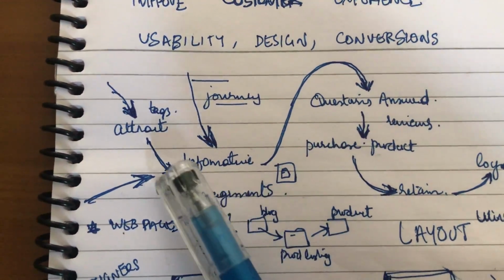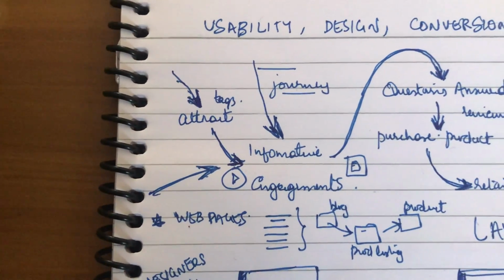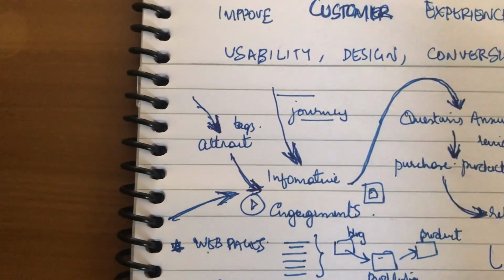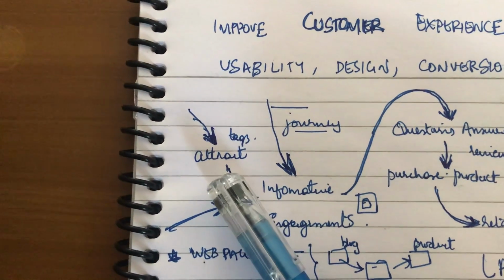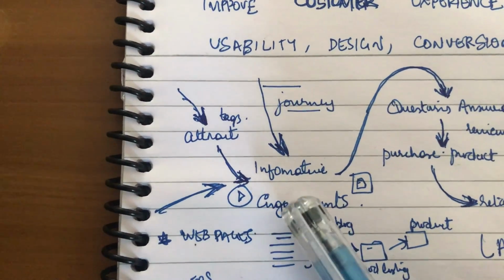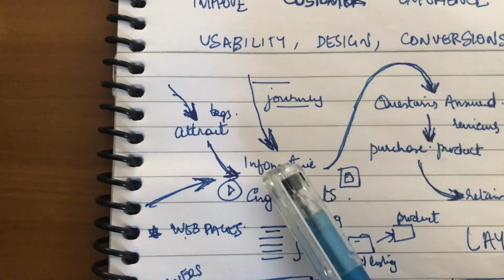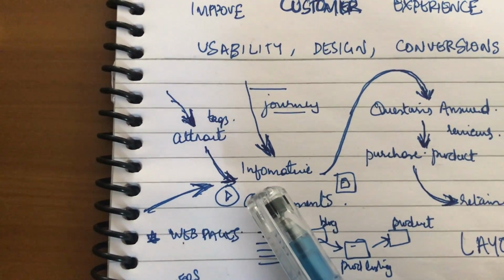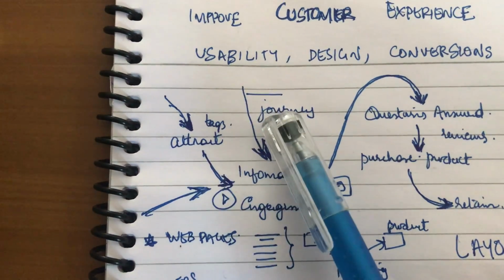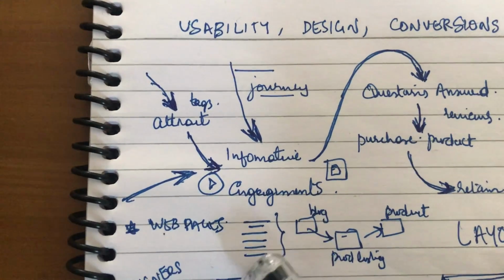There will be a path for every business and market. First you have to attract your audience, you have to make them engaged, you have to give them informative things. We'll define it as a journey.